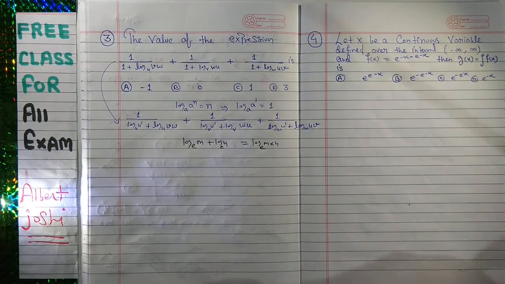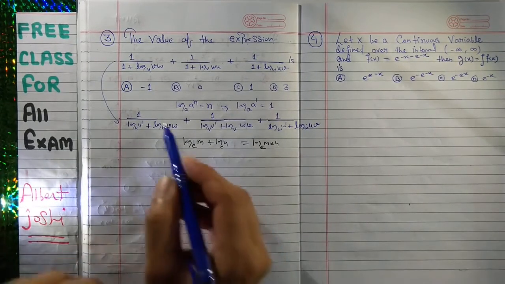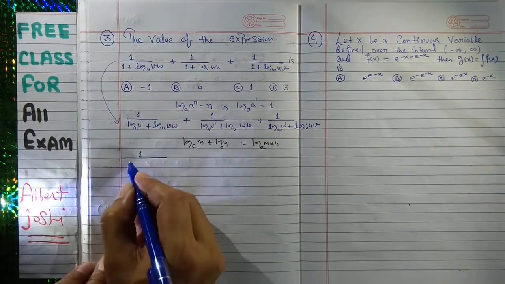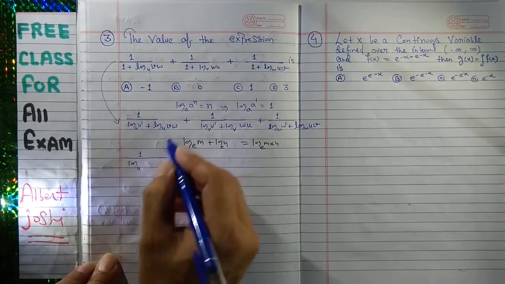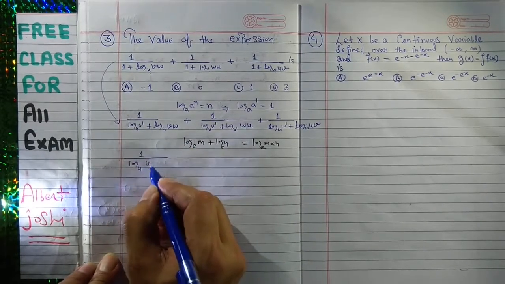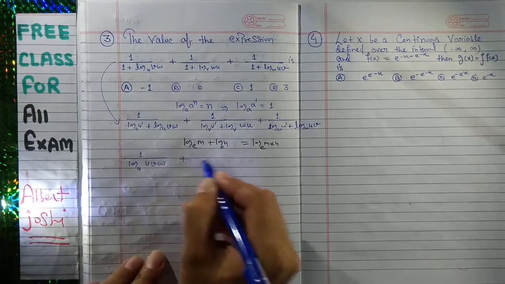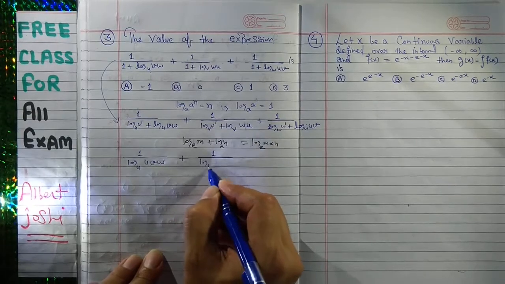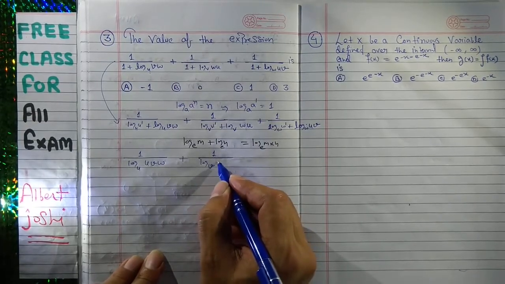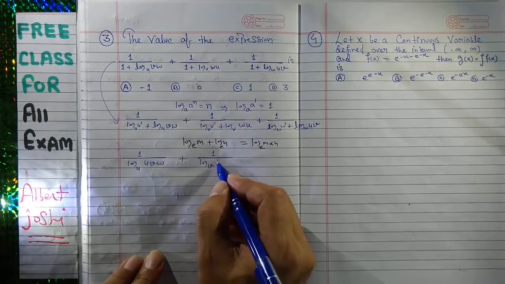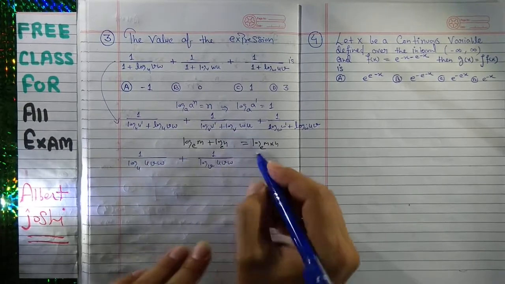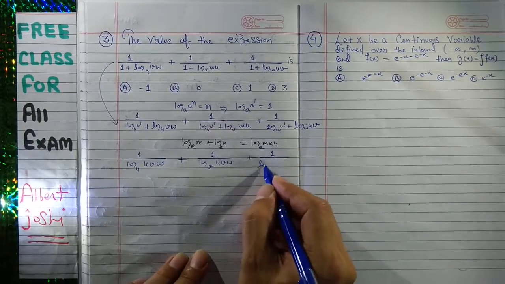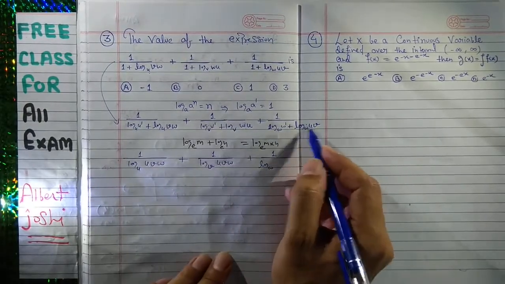So you can see in this problem, you can write 1 upon log base u of uvw, plus 1 upon log base v of uvw, and plus 1 upon log base w of uvw.